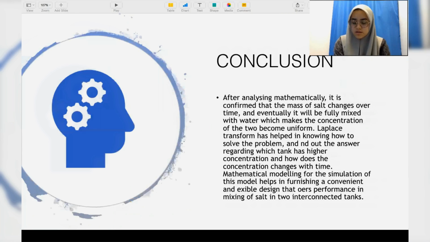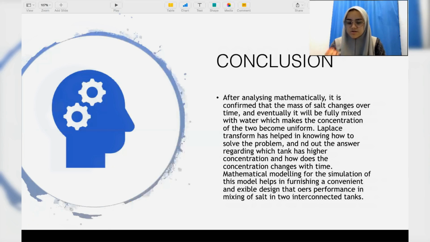And for the conclusion, after analyzing mathematically, it is confirmed that mass of salt changes over time, and eventually it will fully mix together with the water, which makes the concentration of the two become uniform. We can see it become uniform from the graph. And the Laplace transform has helped in knowing how to solve the problem.